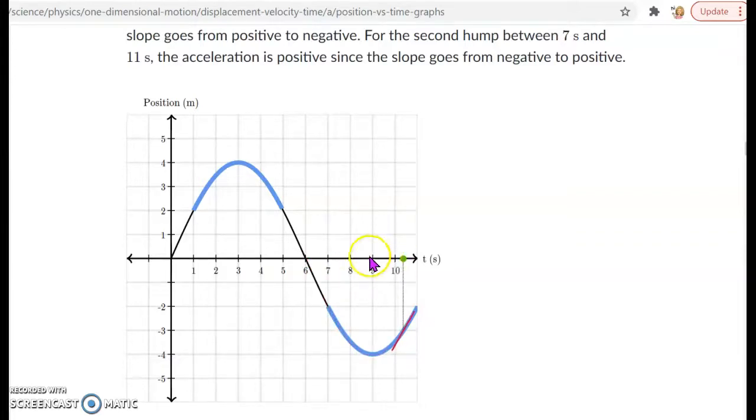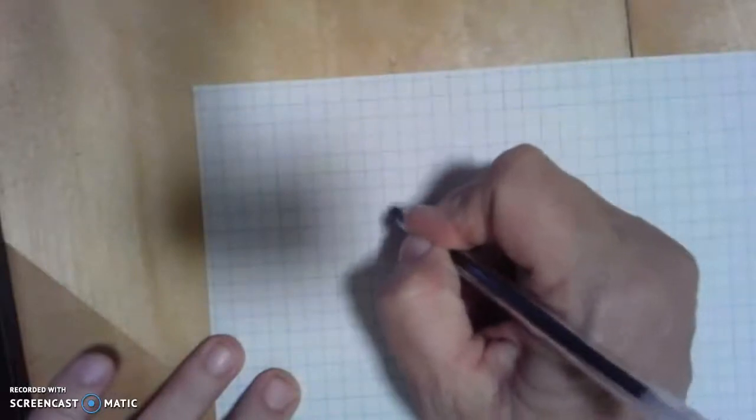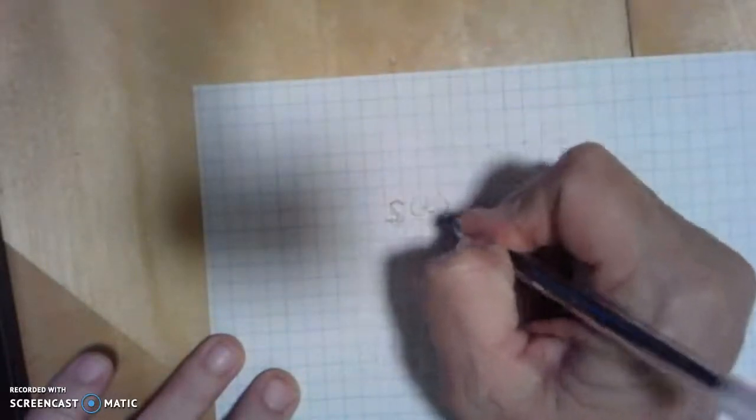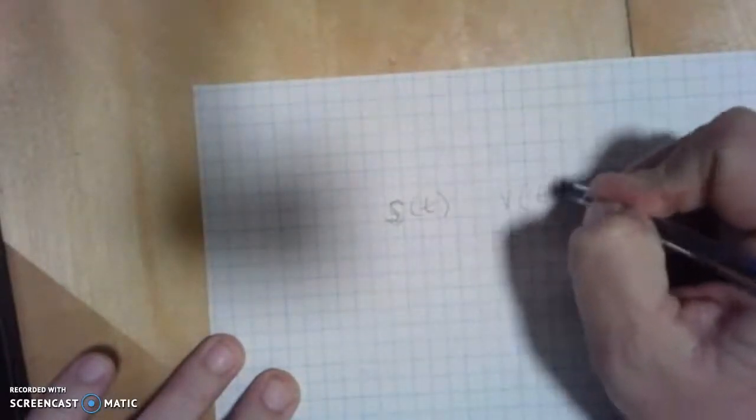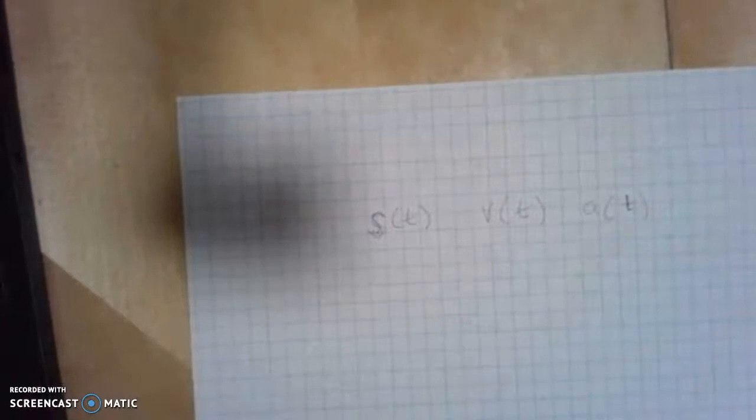Let me explain why this works. Let's go to a piece of paper so I can explain what I'm trying to say. Is the relationship between position in time, velocity in time, and acceleration in time. These three are related, and they are hard to see.